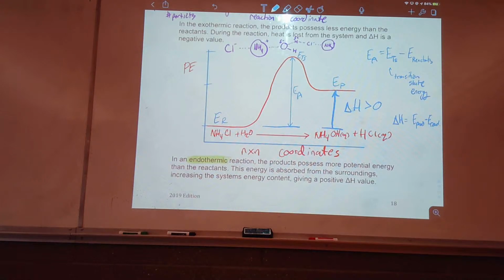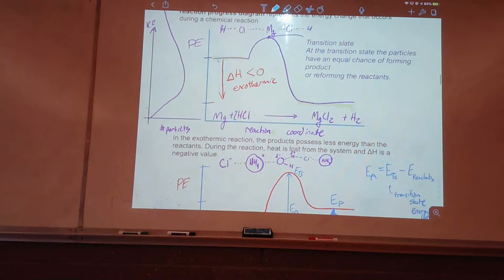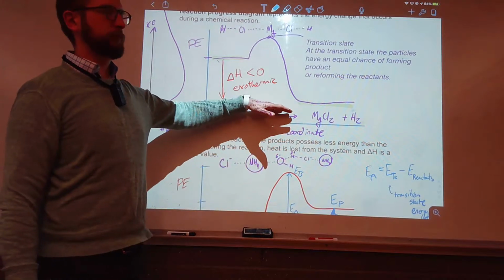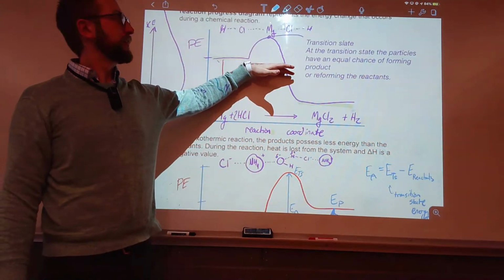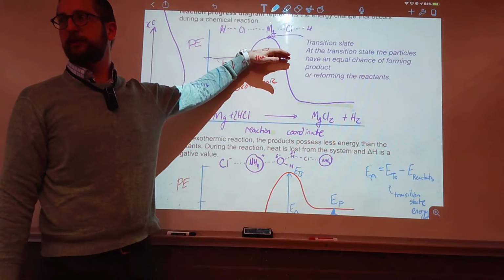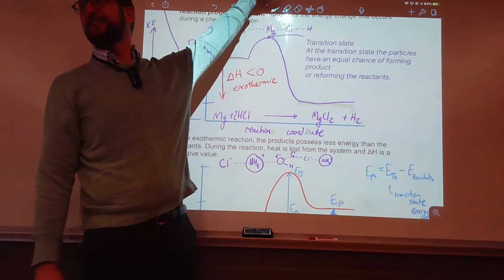If we slide back up to the previous image, can you point out the activation energy here? Where would the activation energy be here? Just tell me when to stop for the bottom of the activation energy. And where would the top of the activation energy be? Right there.